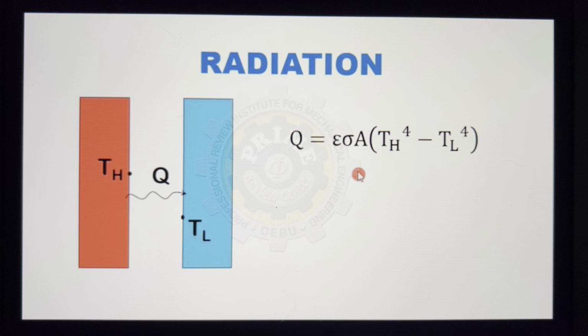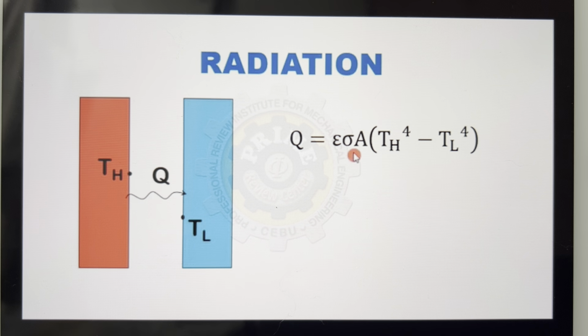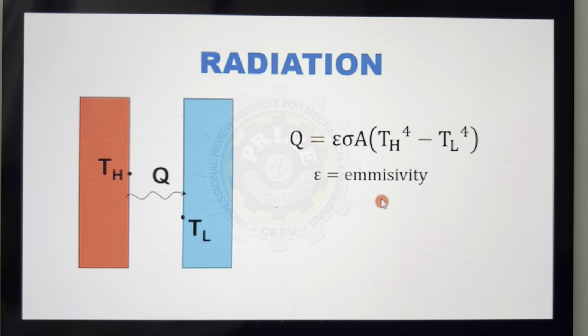So ngayon, ano naman yung epsilon at sigma? So yung epsilon is actually the emissivity or the emissive power of a radiating body. So usually, given yan sa problem. Now if hindi given sa problem, you can assume na yung body is a black body in which the emissive power is equal to 1.